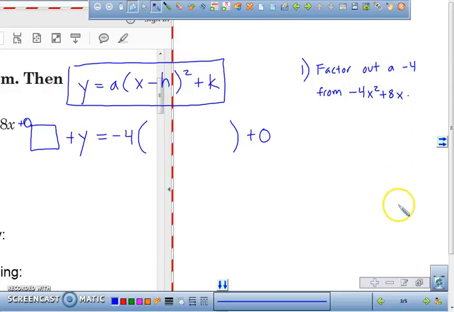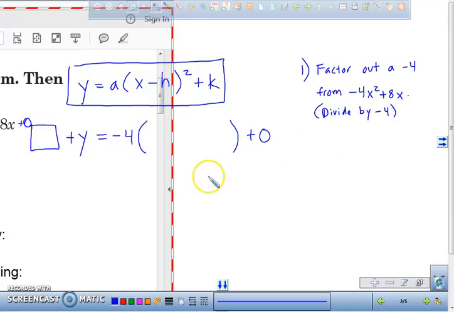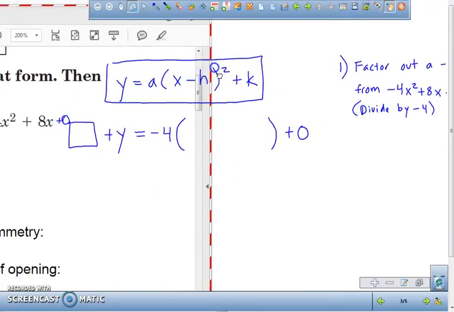So we're going to factor out a negative 4 from the expression negative 4x squared plus 8x. If that doesn't make sense to you, I'm going to give you another hint. Divide by negative 4. All right? That's what you're going to do. Divide by negative 4. So let's go over here and let's look at everything.